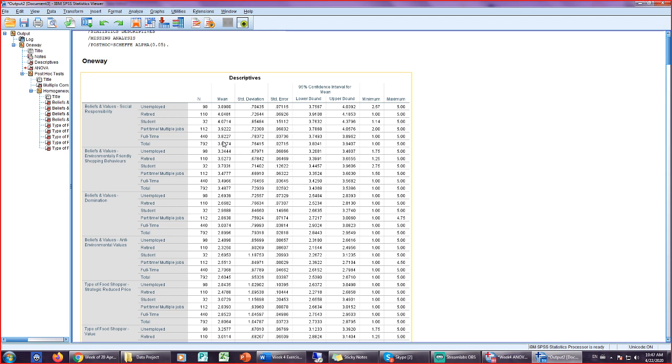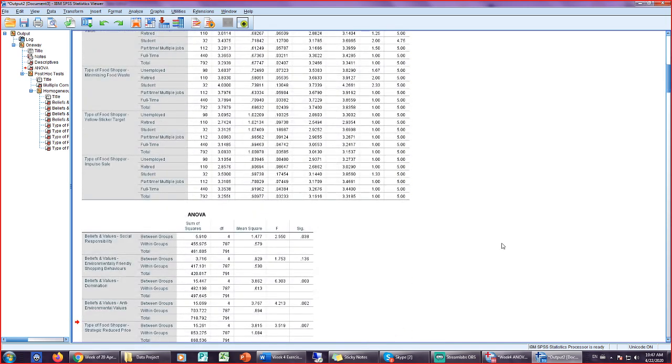And we can see the difference that students and retired tend to strongly agree with this much more, more so than unemployed, part-time, or full-time workers. But the question is, is that really meaningful? So even though we can say that there are significant differences, where do we draw those lines?